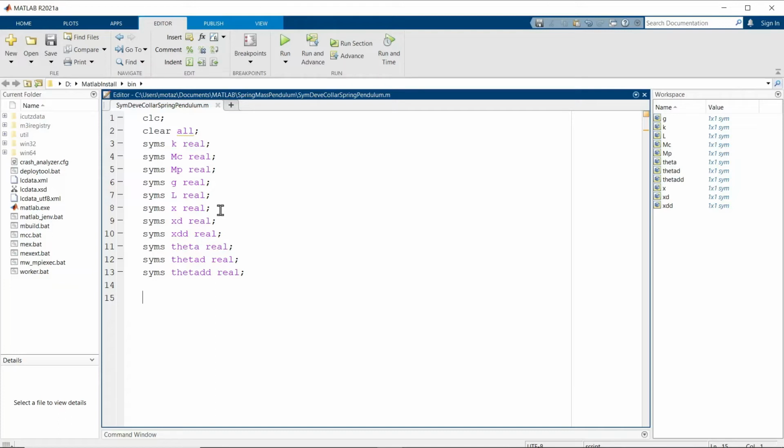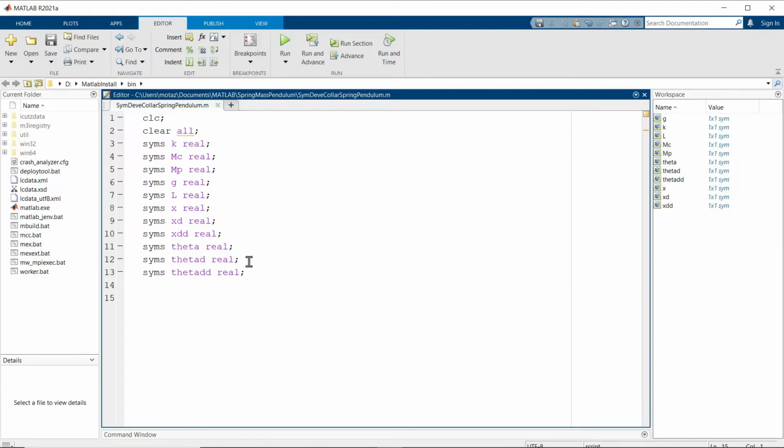The 2 generalized coordinates for this problem are x and theta. Then we define x dot and x double dot. x dot will be velocity, x double dot acceleration. Theta will be the position of the pendulum. It defines exactly where the pendulum is.